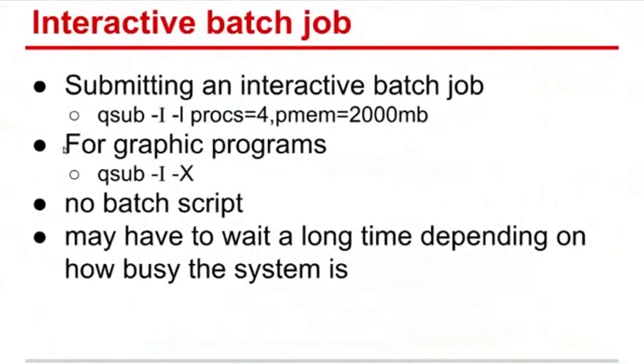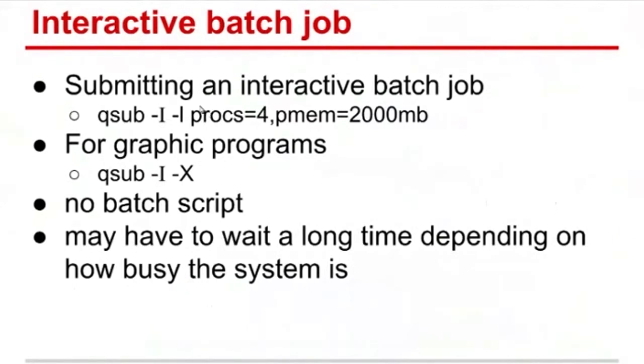As I mentioned before, you can also have an interactive batch job. In this case, you would do a qsub command with a -I. The other parameters can be as in the file that I showed you, with a -l procs=4, pmem=2000 megabytes.